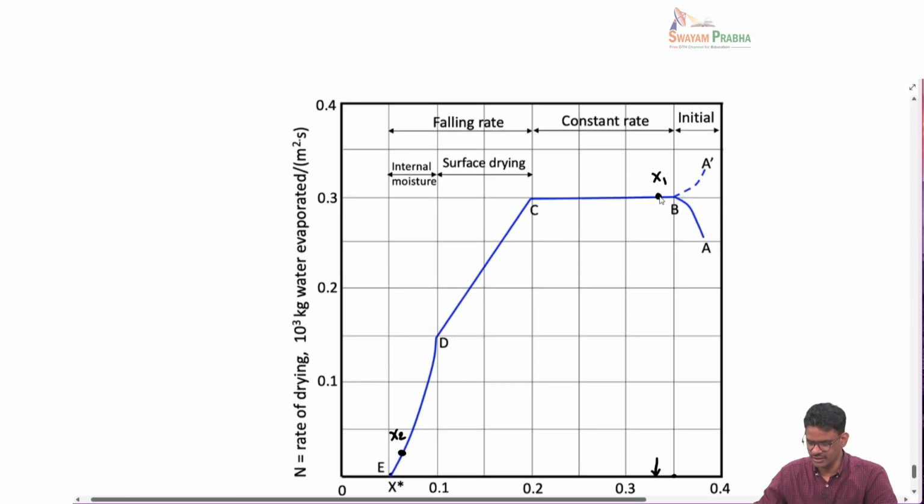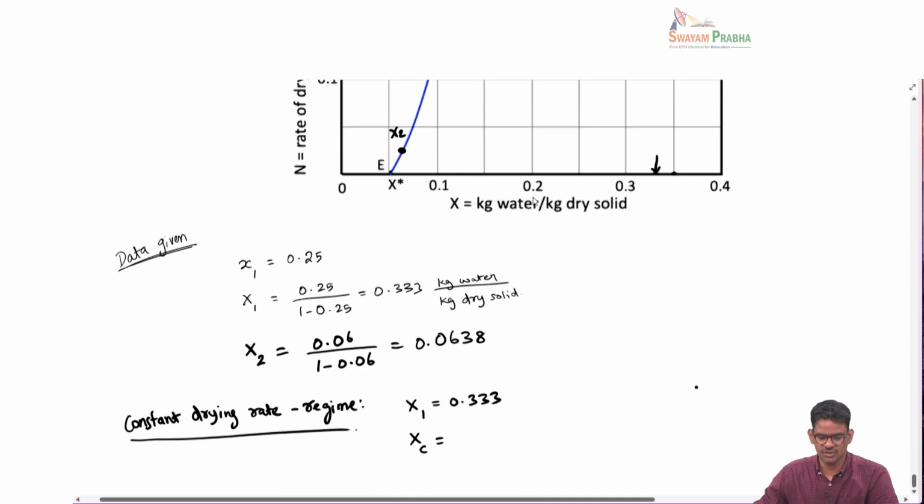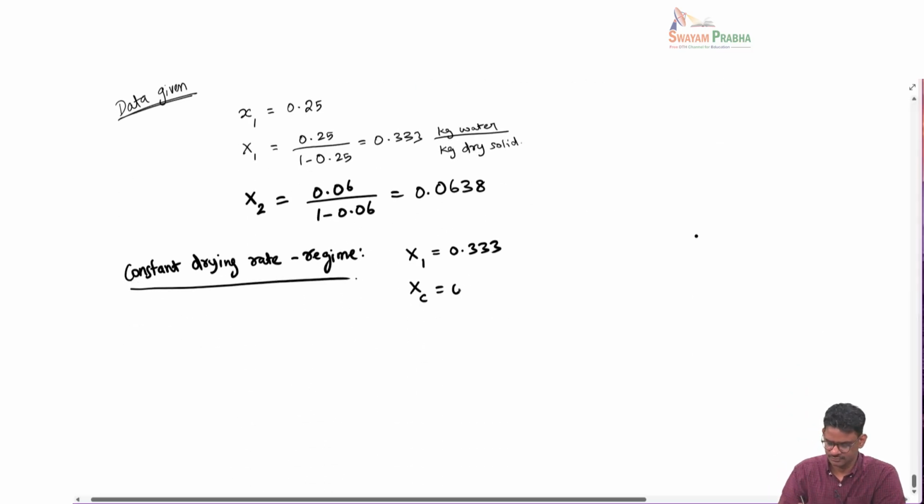So, from 0.33 to 0.2, it is the constant drying rate. Same unit for x1 and xc.